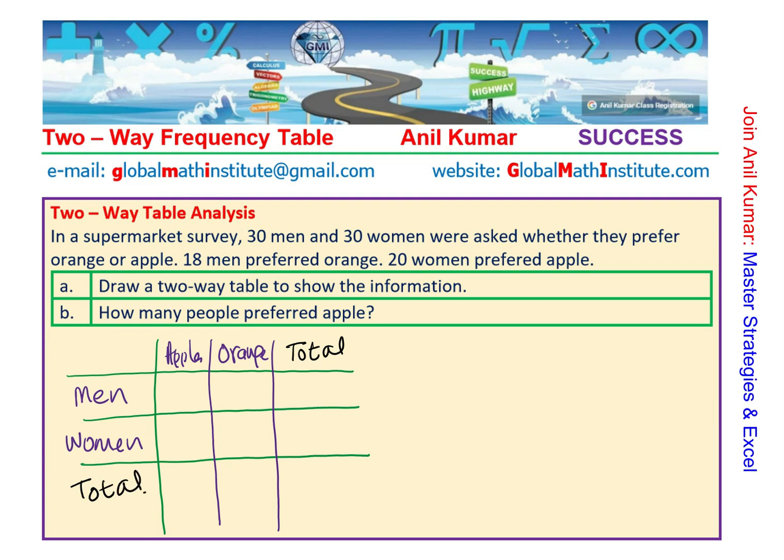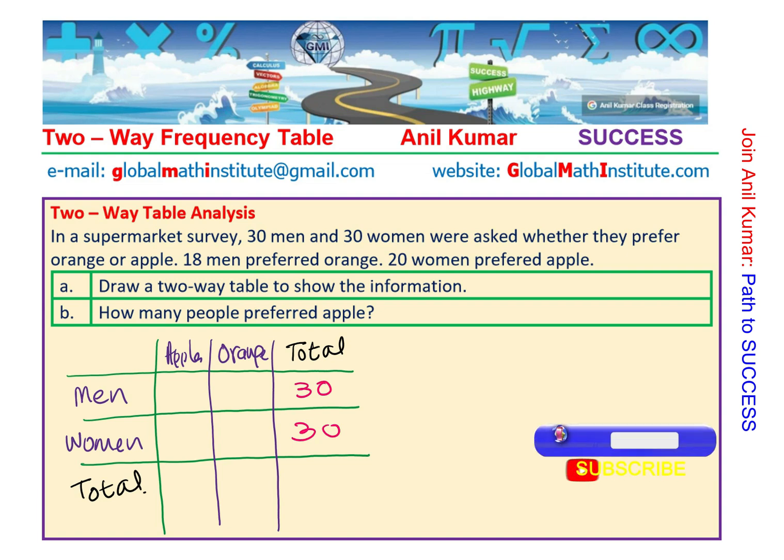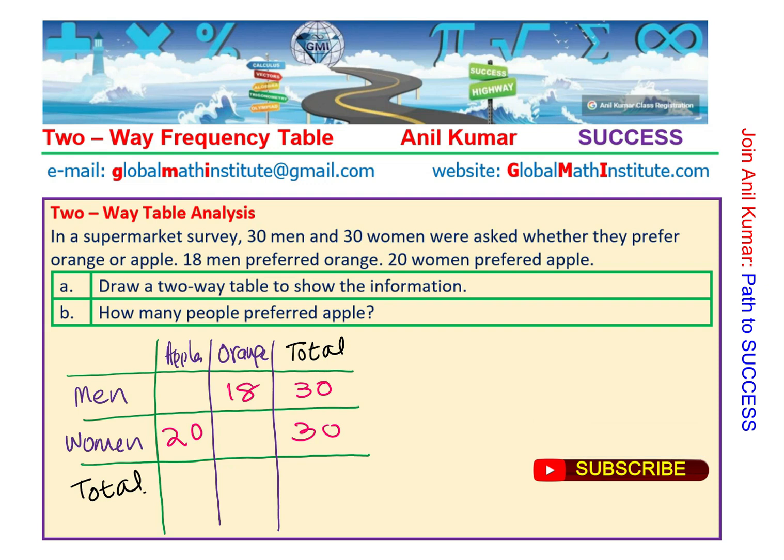In a supermarket survey, 30 men and 30 women. So the total of men and women is given to us, which is 30 each. Make sense? They were asked whether they prefer apples or oranges. 18 men preferred oranges. So how many men with oranges are given? 18, right? And 20 women preferred apple. So the information is accordingly placed in the table.